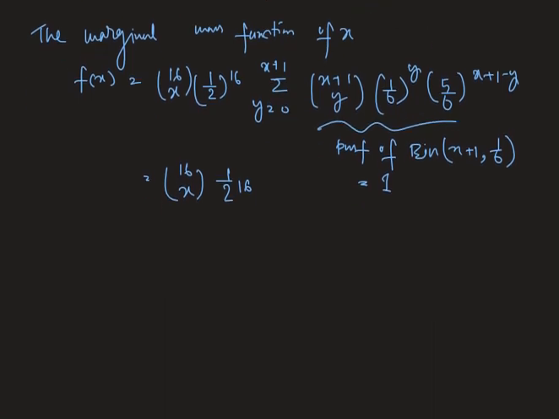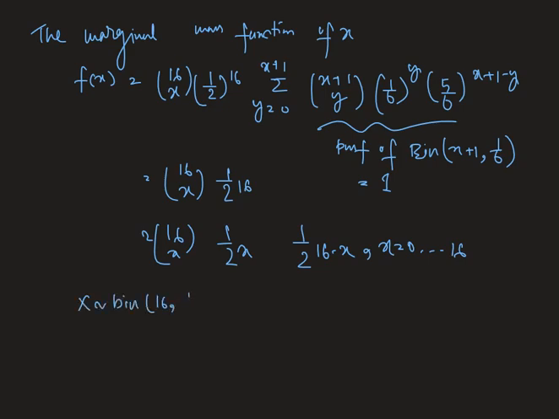Or we can write it as 16 choose x, half to the power x multiplied by half to the power 16 minus x, where x is 0 to 16. Hence we can write x is binomial 16 comma half.